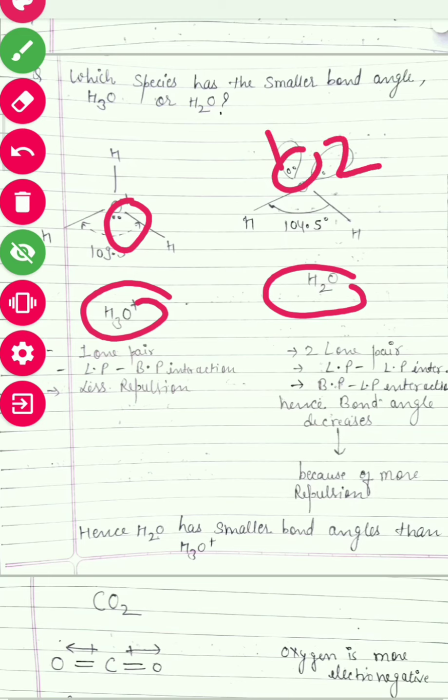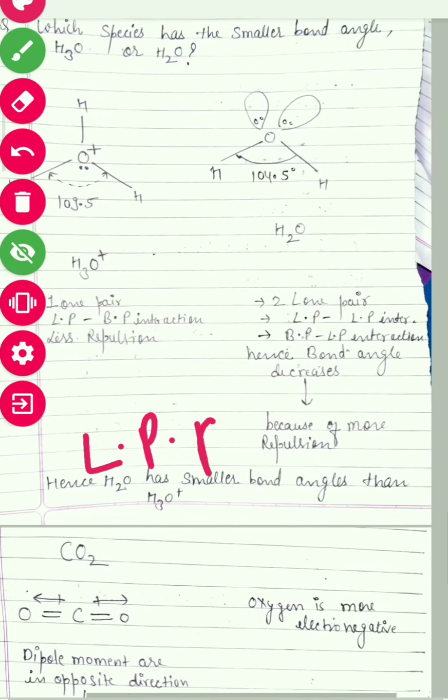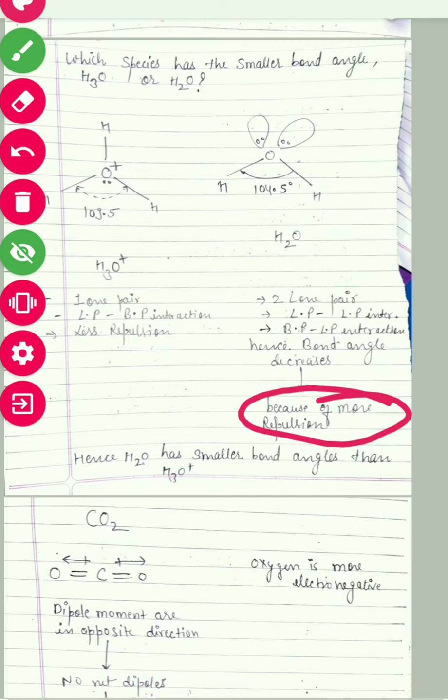So there is less repulsion in H3O plus, because of lone pair and bond pair interaction. While in the water molecule, two lone pairs are present, so it has lone pair-lone pair repulsion and lone pair-bond pair repulsion, which decreases the bond angle rapidly. Because of more repulsion, H2O has a smaller bond angle than H3O plus.